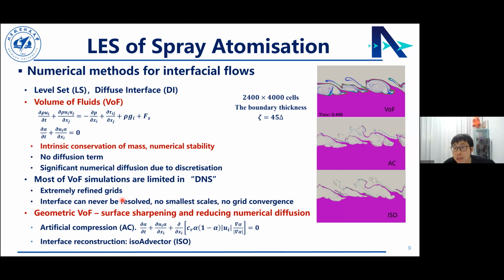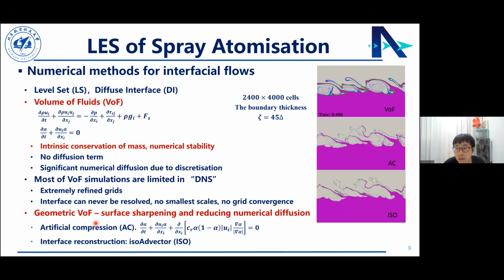We still have the numerical diffusion, and to alleviate its effect, people invented the geometric VOF method, including surface sharpening and surface reconstruction to reduce the numerical diffusion. As we know, there is the artificial compression method in interFoam, OpenFOAM, and the interface reconstruction method, the isoAdvector solver.